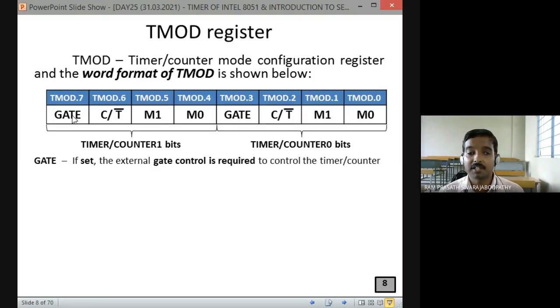But here, if the gate bit is 1, there must be an external gate control which must be enabled to run the timer.